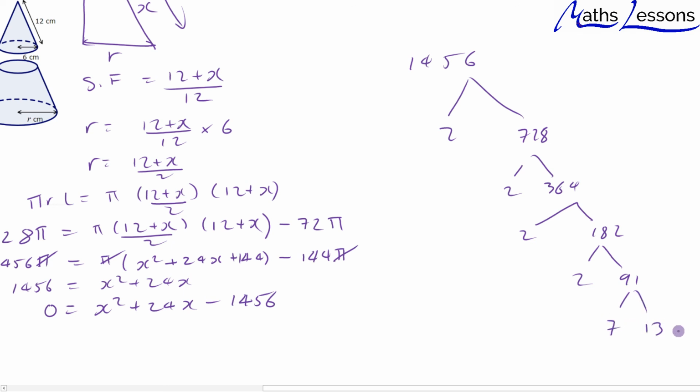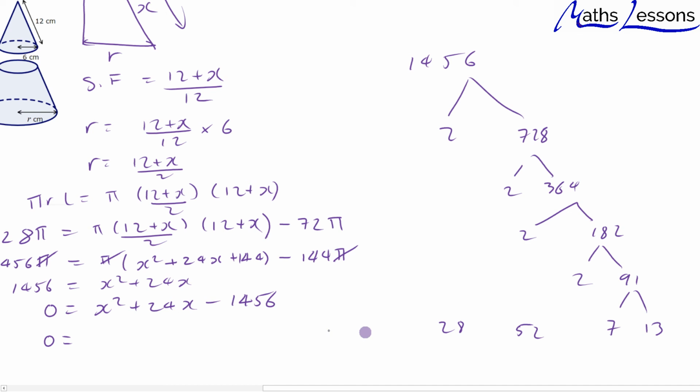And you have to try and think to yourselves what kind of factors might work to give me this 24. And you just try some of these. So you try 2 by 2 gives you 4, 7 is 28, 2 by 2 and 13 will give you 52. And you can see that these differ by 24. So that's going to be my factors.